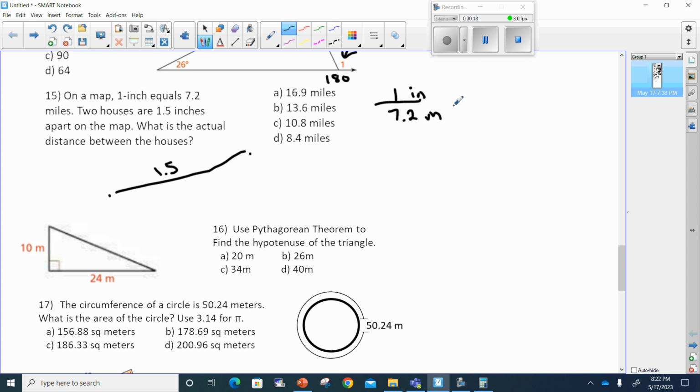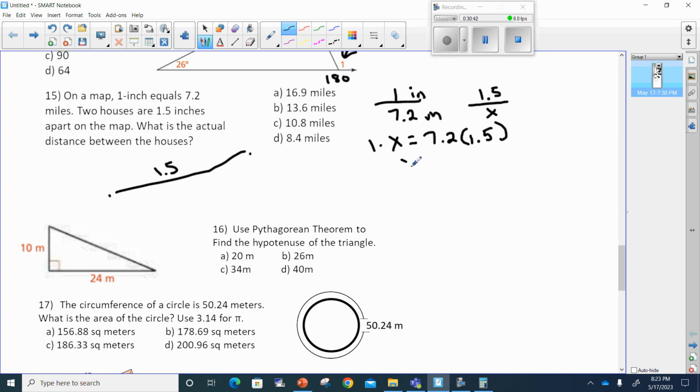Well, if it's 1.5 inches, I could put 1.5 at the top here, and I'm looking for how many miles apart it is. This is cross multiplication. We can take 1 times x, which is going to give us x. It's got to be equal to 7.2 times 1.5.